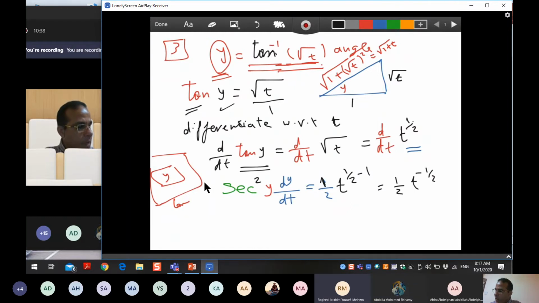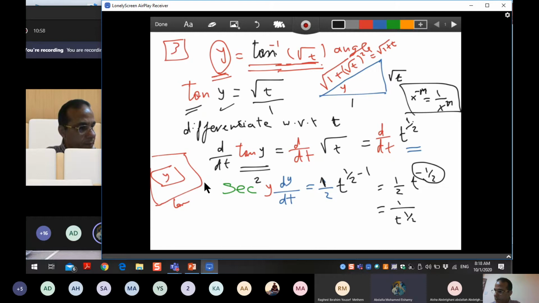It is better to move it down to change it into a positive half, because I know x to the power minus n is 1 over x to the power n. This is the power rule. There is a 2 in the denominator, doctor. Yes, I forgot it. I will write it down.